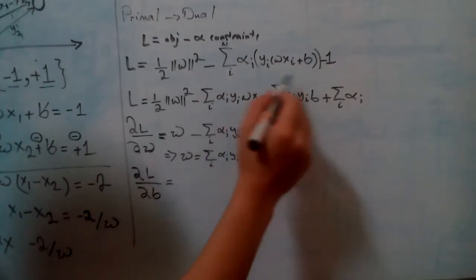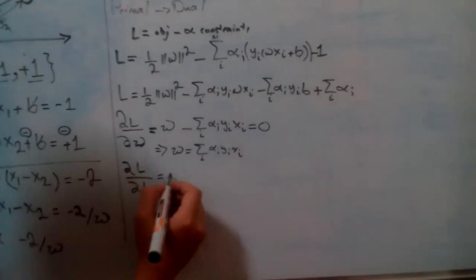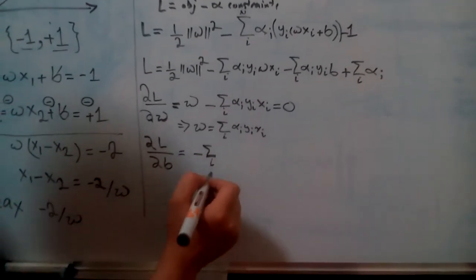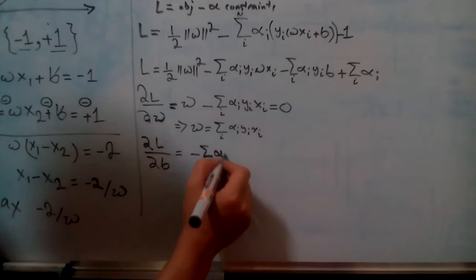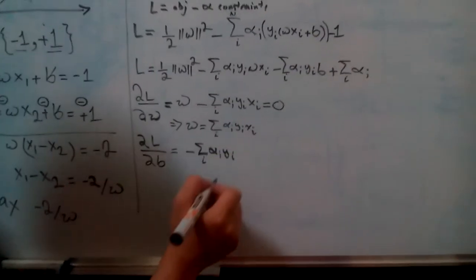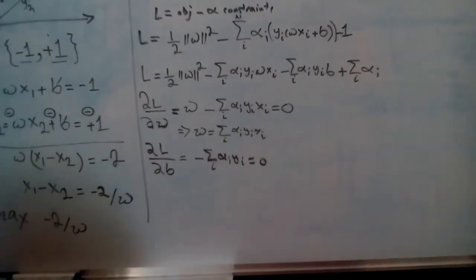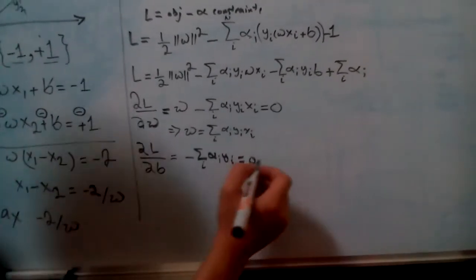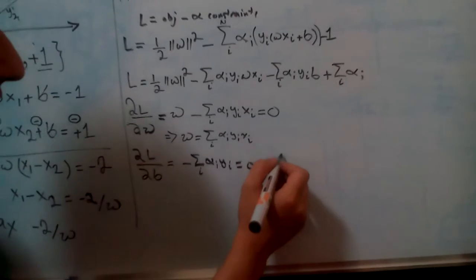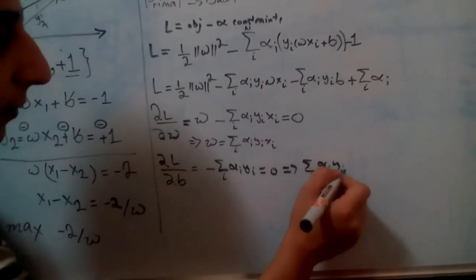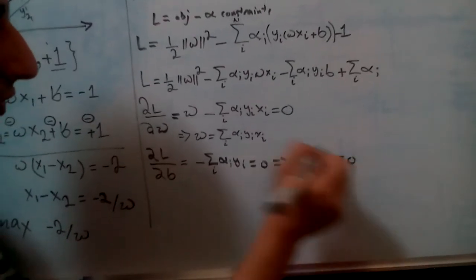Remaining is this one, we take the coefficients, and that becomes a negative sum over i, alpha of i, y of i, and all equals 0. This gives us our new constraint that sum over i, alpha of i, y of i must equal 0.